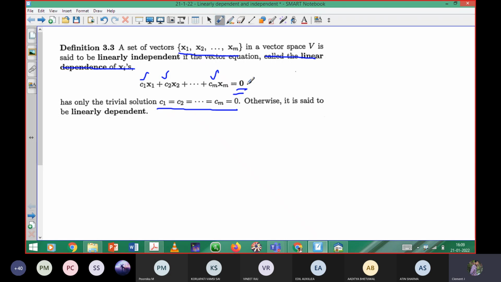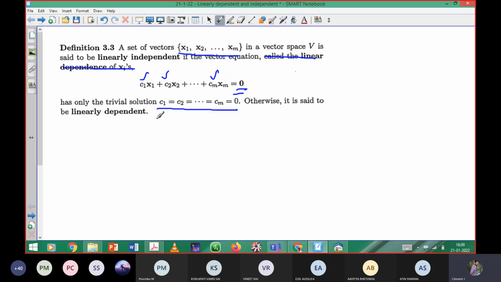So you have to convert the right hand side to 0. After that, if all the coefficients of the vectors are equal to 0, then definitely the given vectors are called linearly independent.